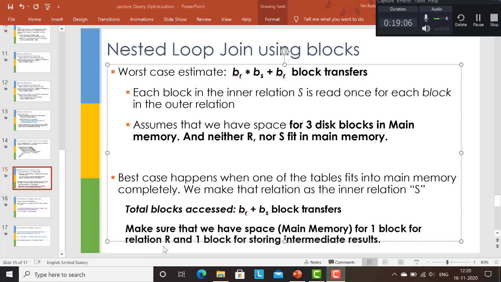Under these conditions, your block nested loop join changes, in the sense that you don't loop over relation S again and again.